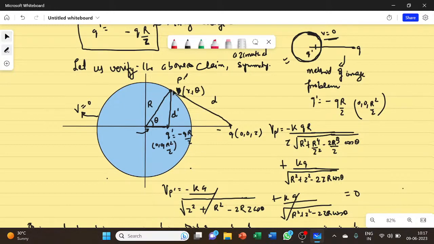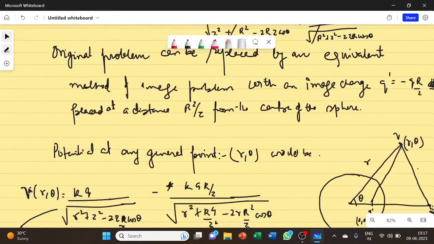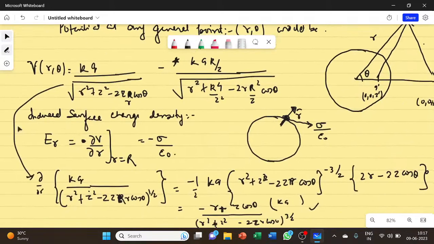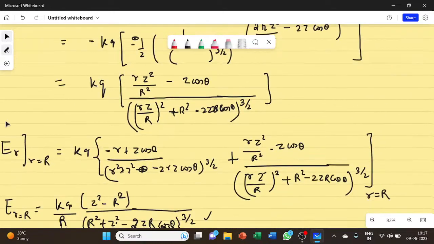So it is more likely that on this side of the hemisphere you are going to have more negative charge, and this side of the hemisphere will have more positive charge, but the density here would be more. Okay, so somehow we understand that this would be a non-uniform induced surface charge distribution, which is quite clear from our calculation also.